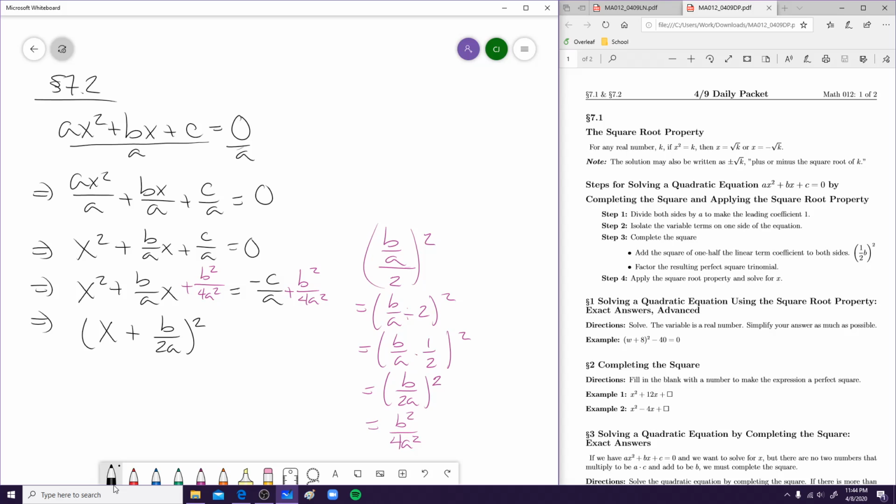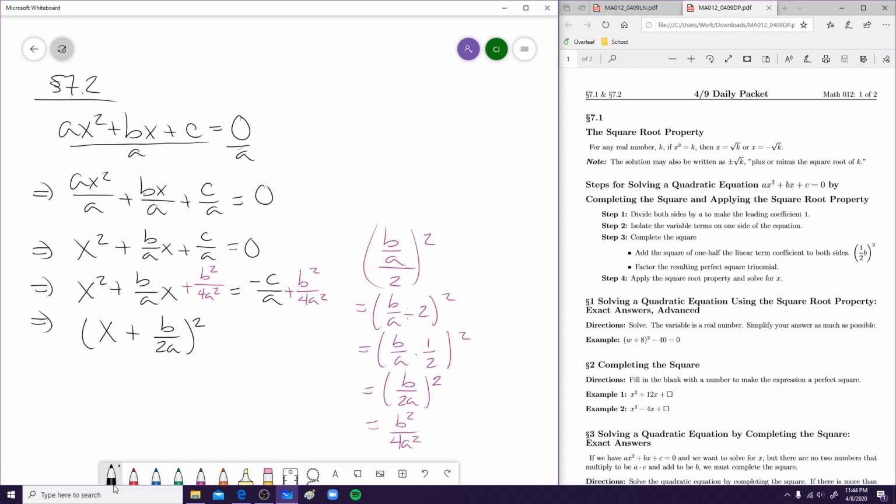And then 2 times x times b over 2a. The 2's cancel, so I am left with b over a x, which is the exact same as this. So we completed the square correctly.